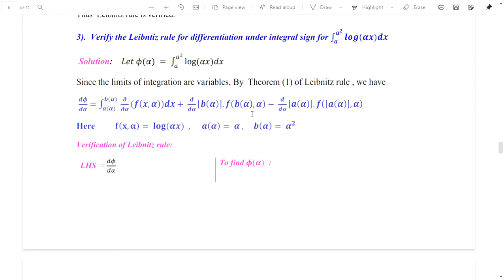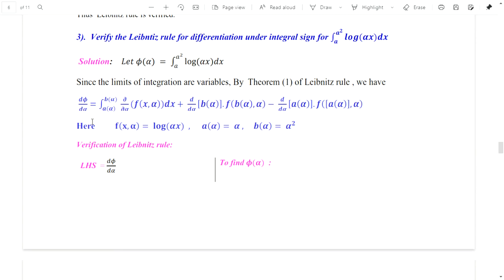This is the Leibniz formula when the integral has variable limits. Here the limits of the integration are alpha and alpha squared, which are variables. That's why we have to apply this formula to evaluate the integration.